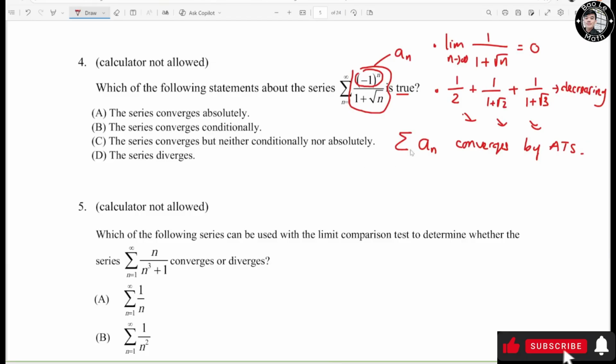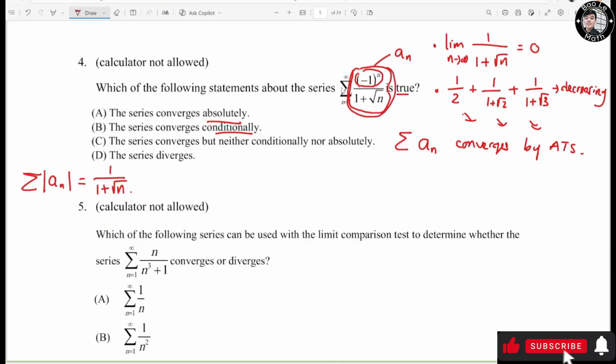Now, you need to determine if this converges absolutely or conditionally. The series of the absolute value of a sub n becomes 1 over 1 plus square root of n. Remember, the whole thing right here is a sub n, right?